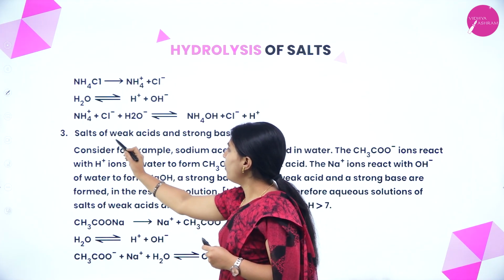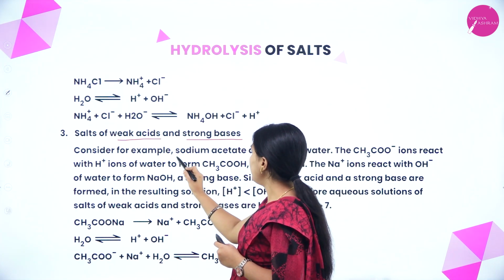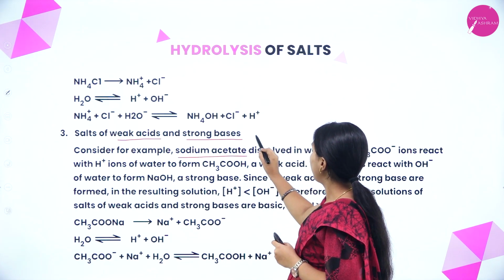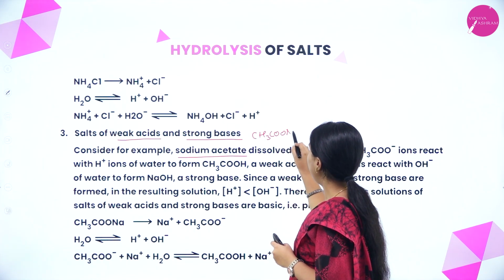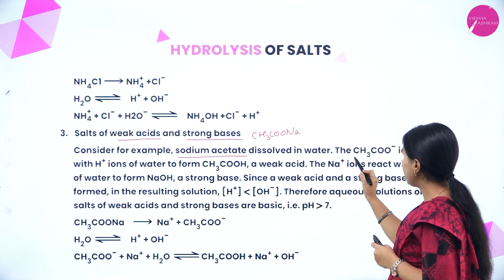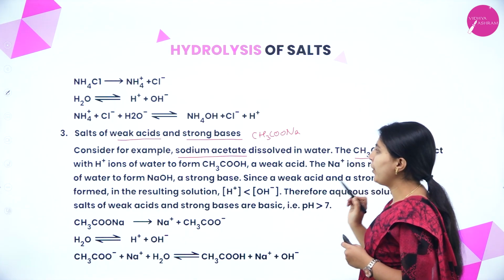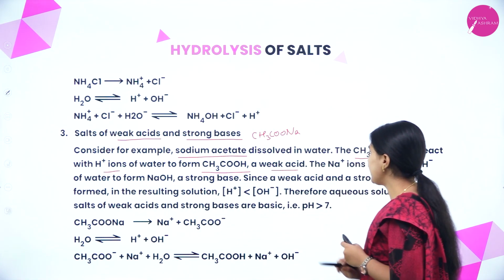Next, salts of weak acid and strong base. Consider for example sodium acetate, CH3COONa. This is sodium acetate. Dissolved in water, obviously the acetate ion reacts with H+ ions to form acetic acid, which is a weak acid.